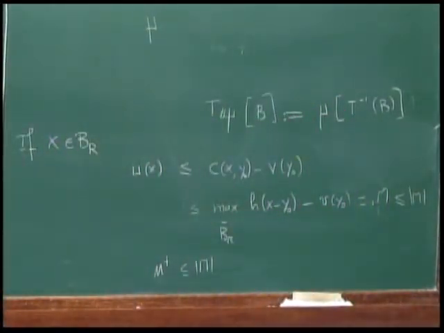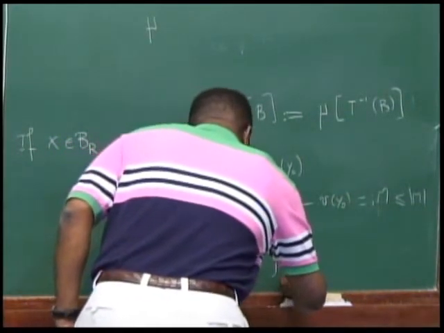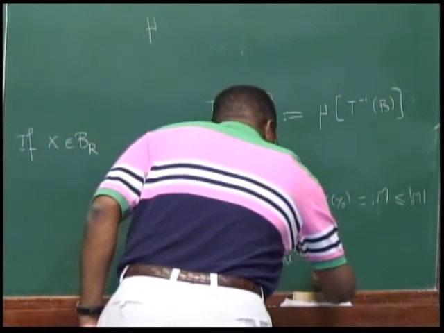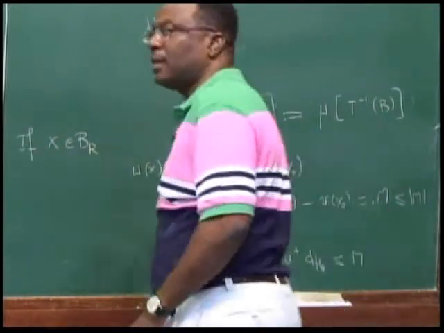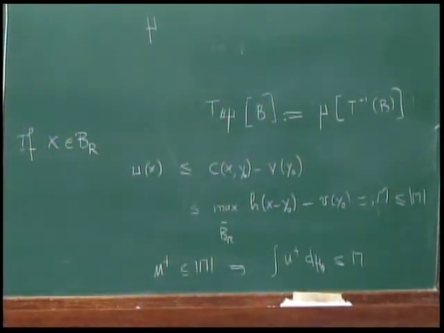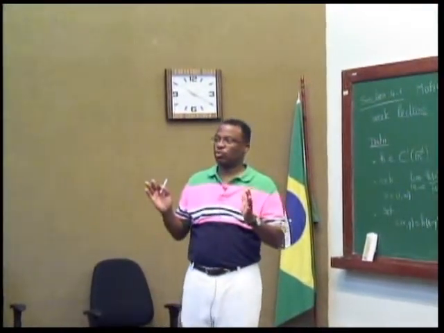Mu naught is a probability measure. Therefore, the integral of u plus d mu naught is less than m. And so the positive part, the non-negative part, is in L1. The integral of the negative part can be negative infinity. The integral of the difference will exist.